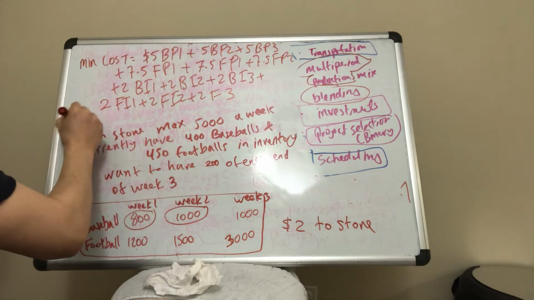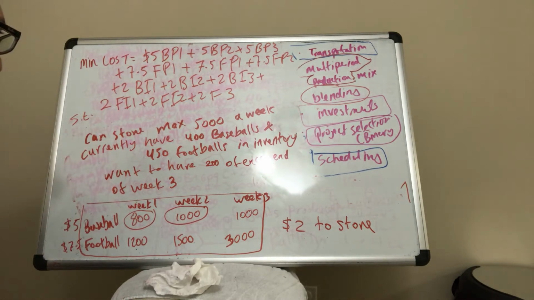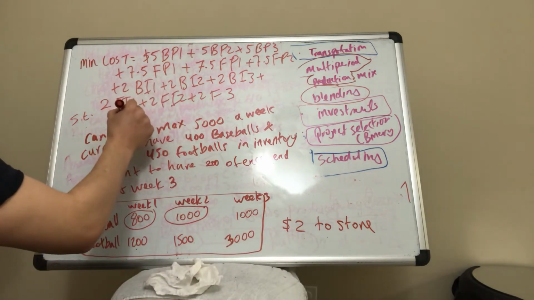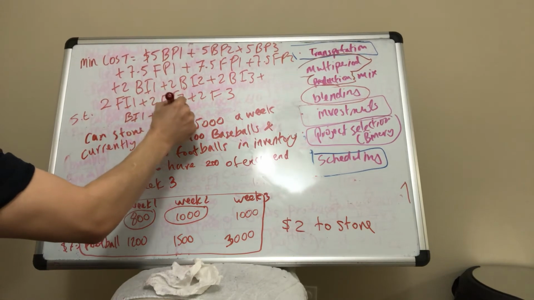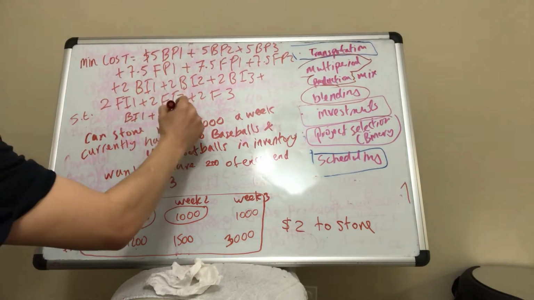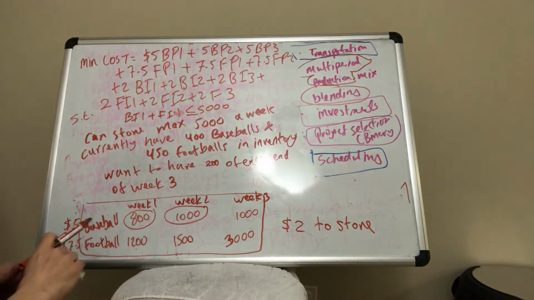Now, after you do this, we get to the subject to. You can store a maximum of 5,000 a week. So whatever you put in inventory in week 1, a baseball or a football, the maximum is 5,000. You gotta do this for each week.